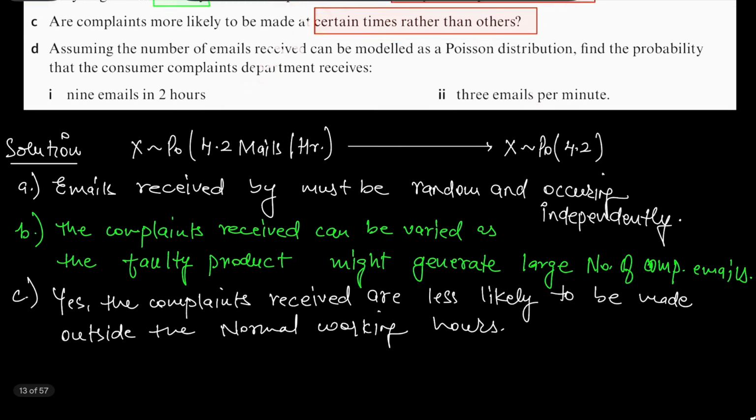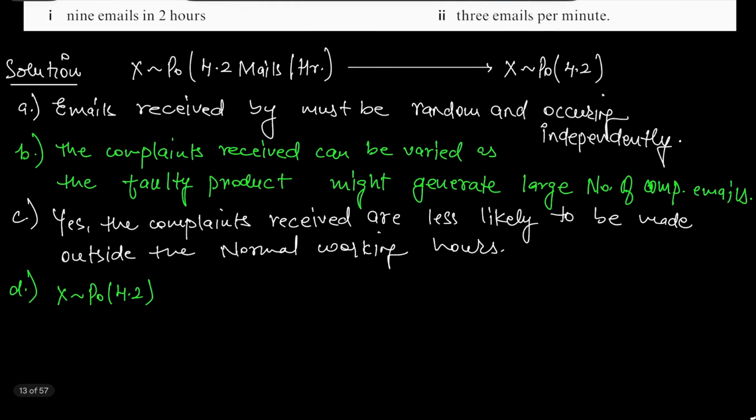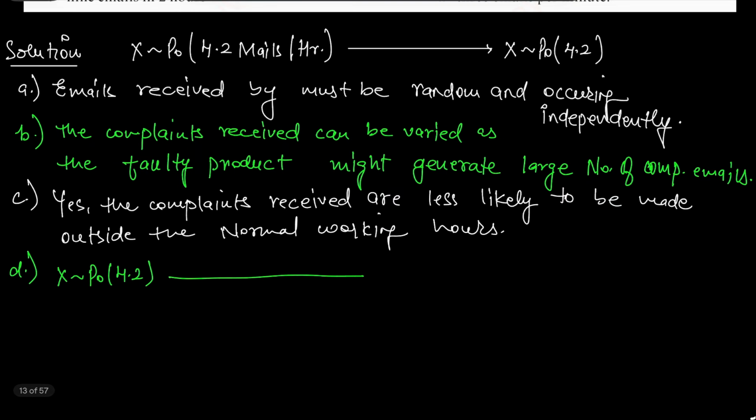Now let's move on to part D, which is a very important one. In part D, he's saying that assuming the number of emails received can be modeled as a Poisson distribution, so X follows Poisson with mean 4.2, find the probability that the consumer complaint department receives 9 emails in 2 hours. So we will change this accordingly for 2 hours: X follows Poisson with 4.2 times 2, that is 8.4.